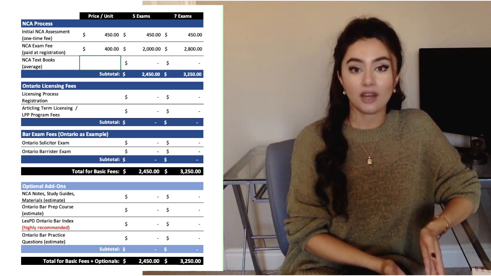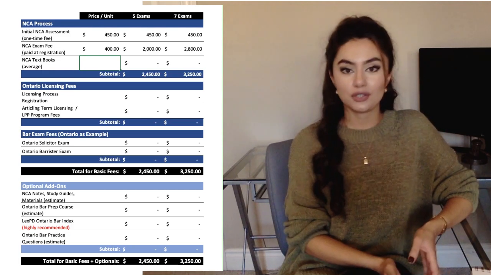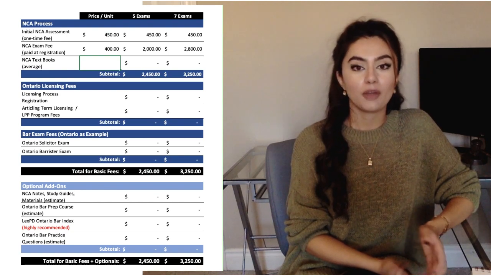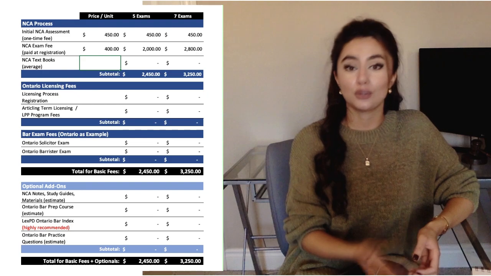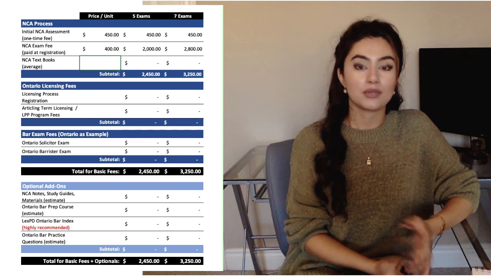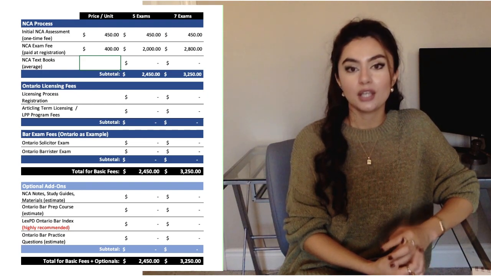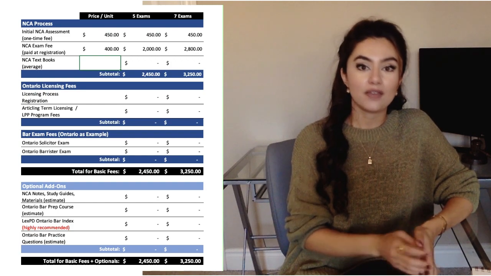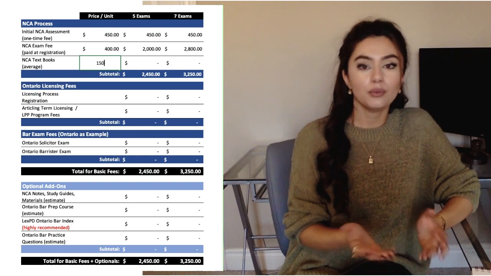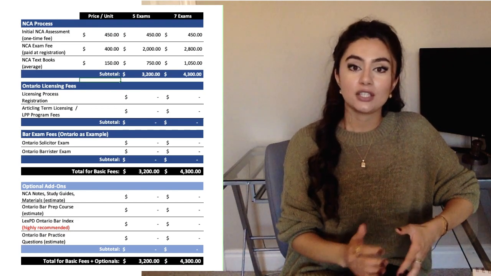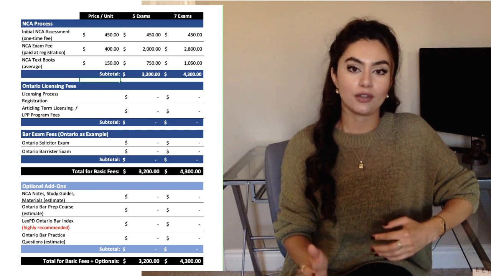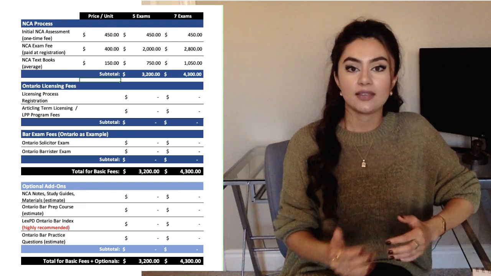Textbook costs can vary from $75 to $200 depending on the textbook. From our research, the lowest budgeted textbook was $75, and that's a newly purchased textbook, and the most expensive one was $200. So we've budgeted for around every textbook to be about $150. So you're going to want to budget for around $750 to $1,050 depending on whether you're writing 5 to 7 exams.